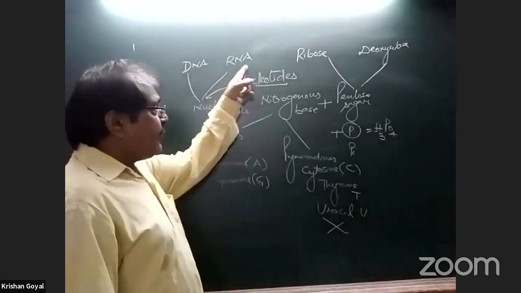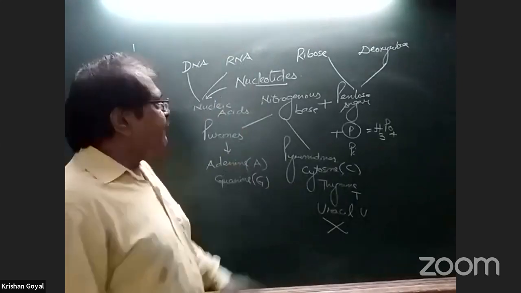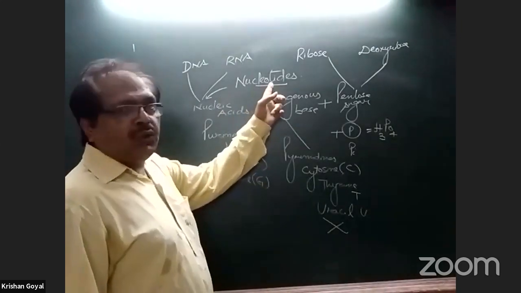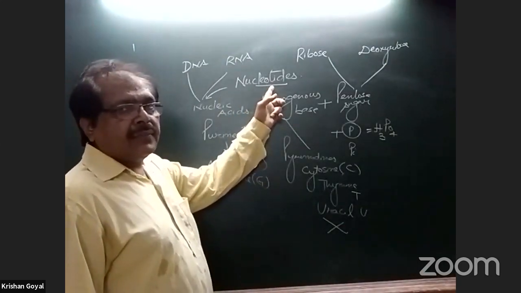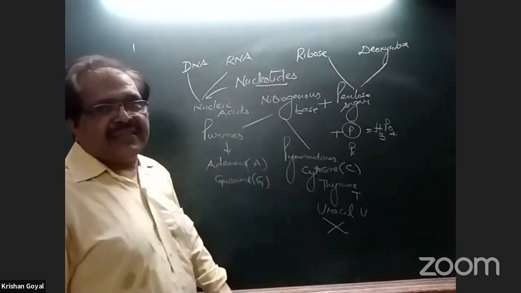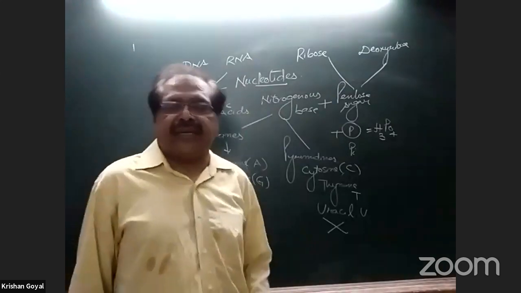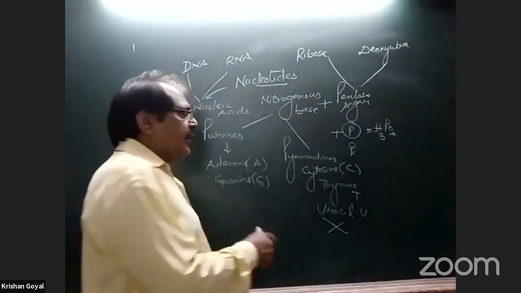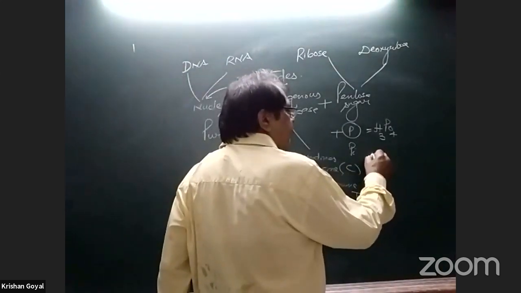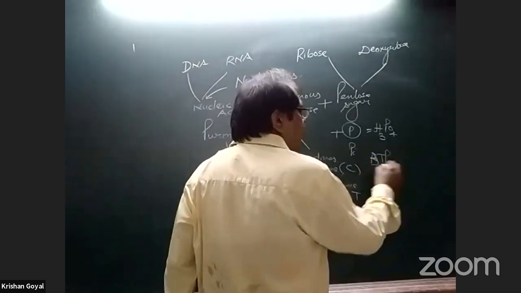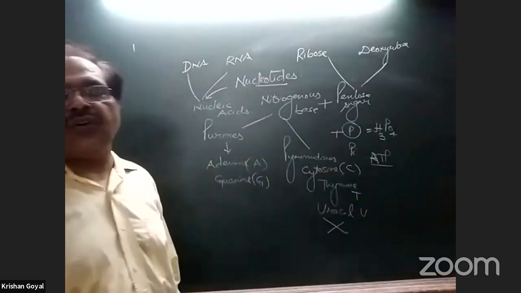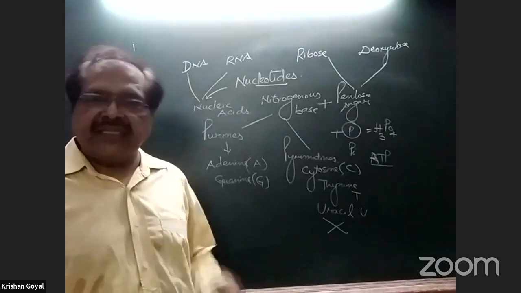But in case of RNA, they are formed by the ribonucleotides. Ribose sugar is there. Remember one thing, ATP also contains ribose sugar. That is also a ribonucleotide. You can write it. ATP, which is called the energy currency of the cell, is a ribonucleotide.